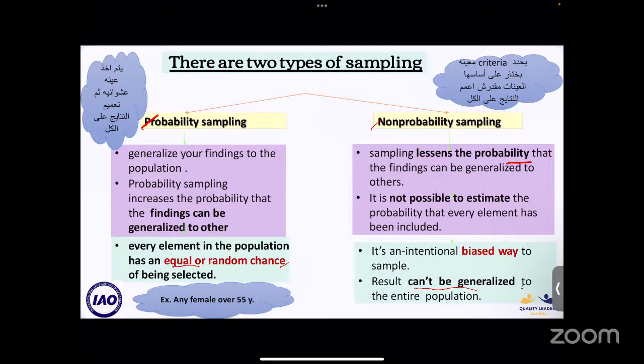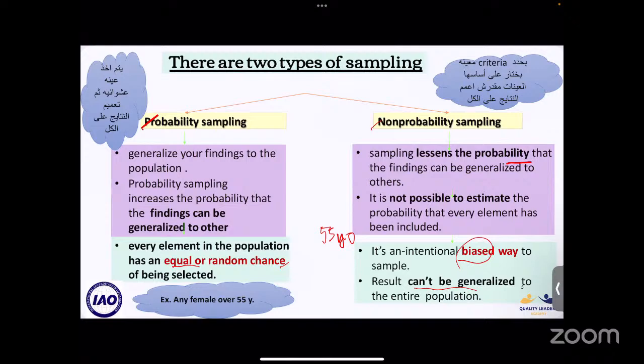Of course not, because you used a specific selection criteria that creates bias. This bias makes the study applicable only to females over 55 years old with high blood pressure, not to the entire population. So this is what we call non-probability sampling.